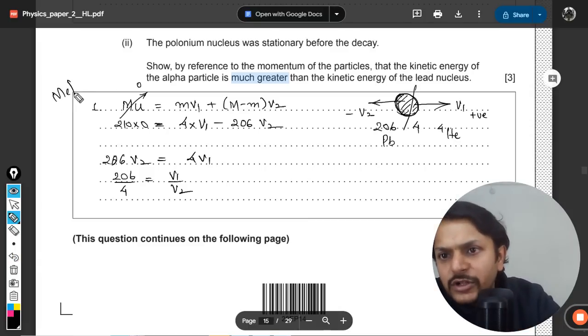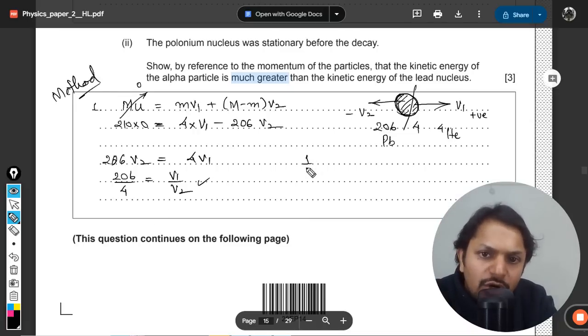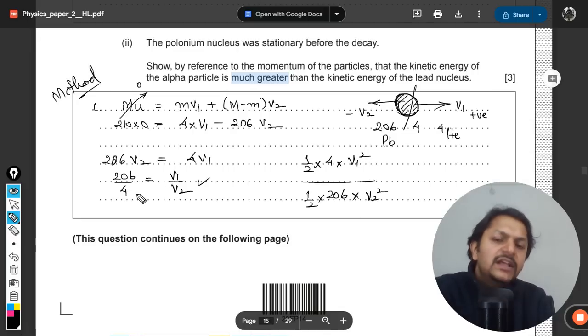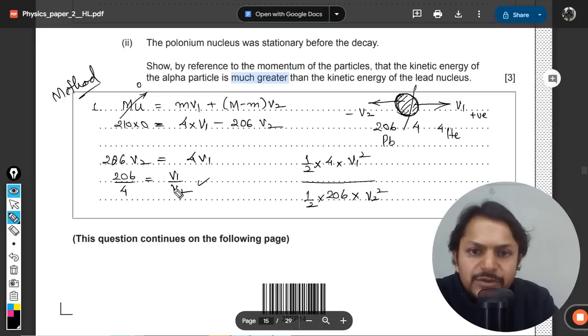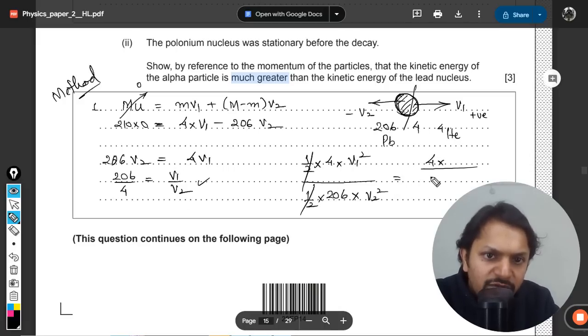I will tell you another method also that is far easier. Now the ratio of the velocity is known, and we will create the ratio of the kinetic energy. So half into mass of alpha into the velocity of alpha, which is v1 square, divided by half into 206 into the velocity v2 of this, square. So v1 by v2 is this, and accordingly we can substitute this value here. 4 divided by 206, and this square, so it is 206 square into 4 square.